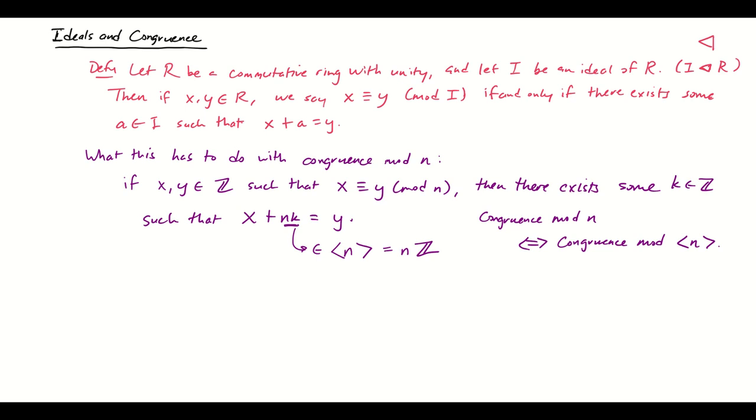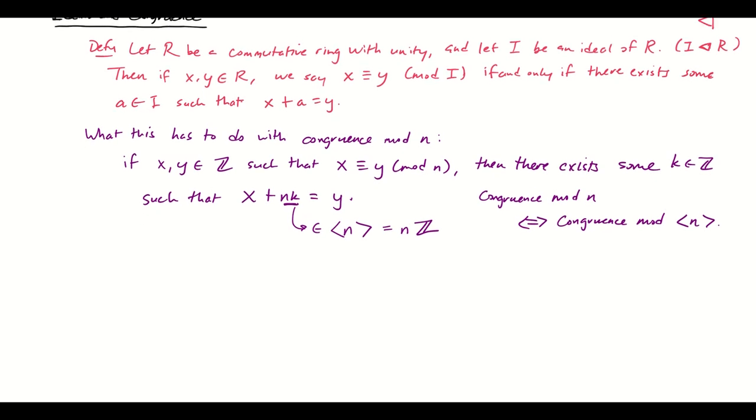So if I want to put congruence mod n for integers in terms of this ideal way of thinking, I would just take the ideal generated by n, and then say what it means to be congruent mod that ideal. So congruence mod n, which we've dealt with for a while now, is actually just a special case of congruence modulo an ideal.